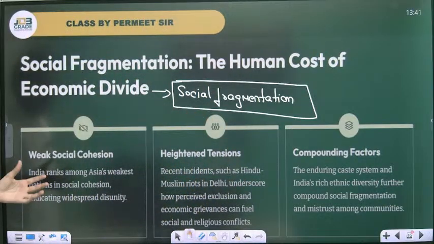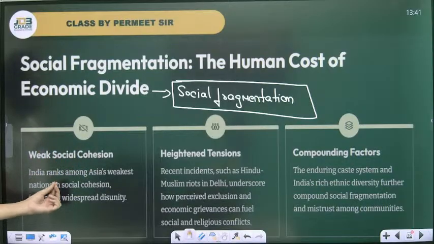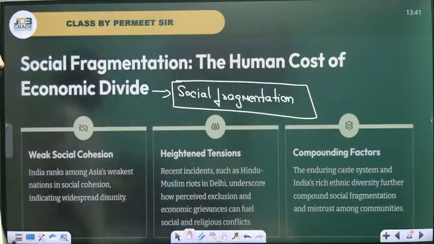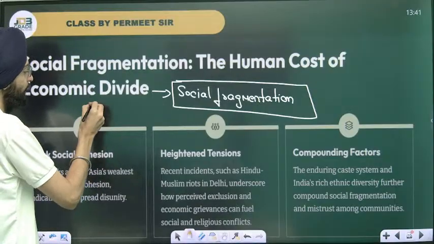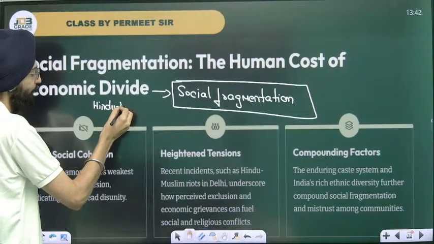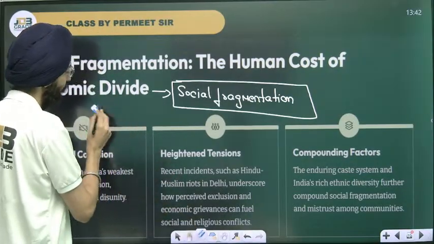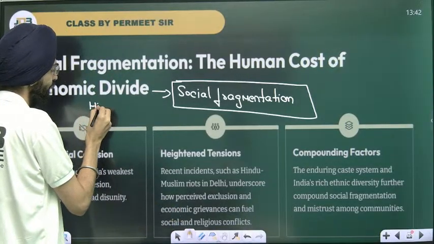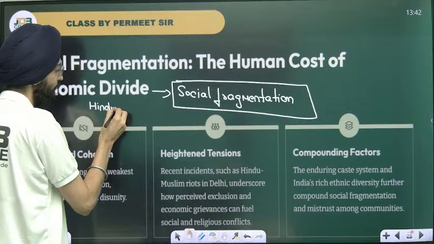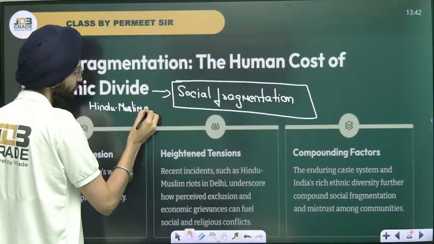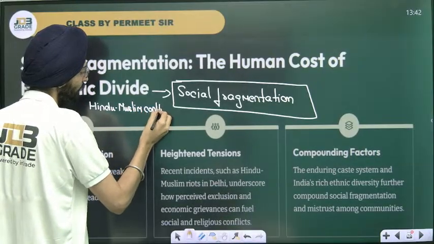Social cohesion: India ranks amongst Asia's weakest nations in terms of social cohesion. There has been no social cohesion. Hindu-Muslim conflict is on the rise.